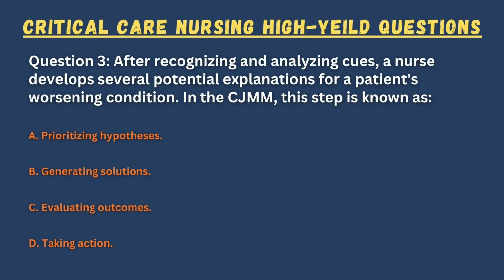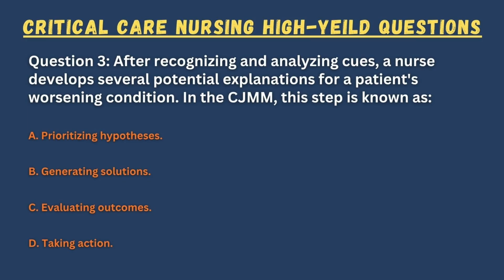Question 3. After recognizing and analyzing cues, a nurse develops several potential explanations for a patient's worsening condition. In the CJMM, this step is known as A. Prioritizing hypotheses. B. Generating solutions. C. Evaluating outcomes.